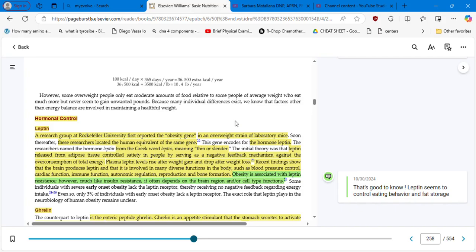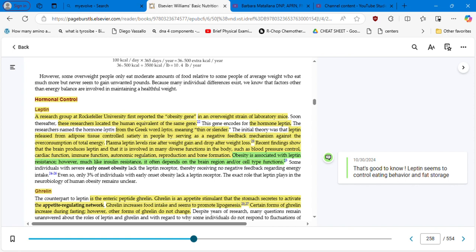Hormonal control. So we have leptin. A research group at Rockefeller University first reported the obesity gene in an overweight strain of laboratory mice. So they saw an obesity gene, or what they thought was the obesity gene.